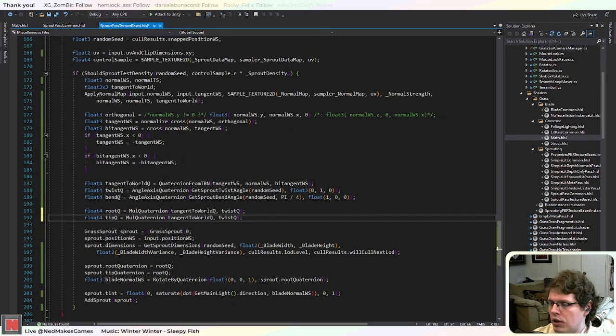Well, I was going to say there should be a different root and a tip, but actually we can put the bend part in the root because it won't actually move off the ground because it's just bending along.